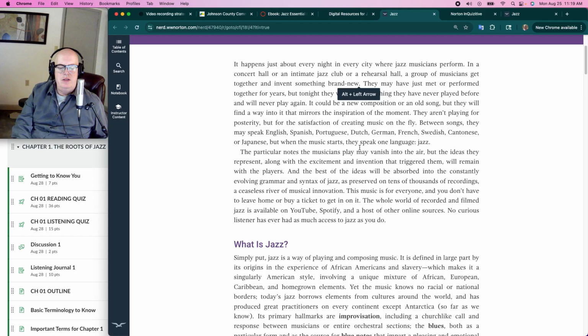So the form is A-A-B-A. It opens with a sax solo. In this particular song, they trade off, and there's a new instrument, trumpet. So there you go.